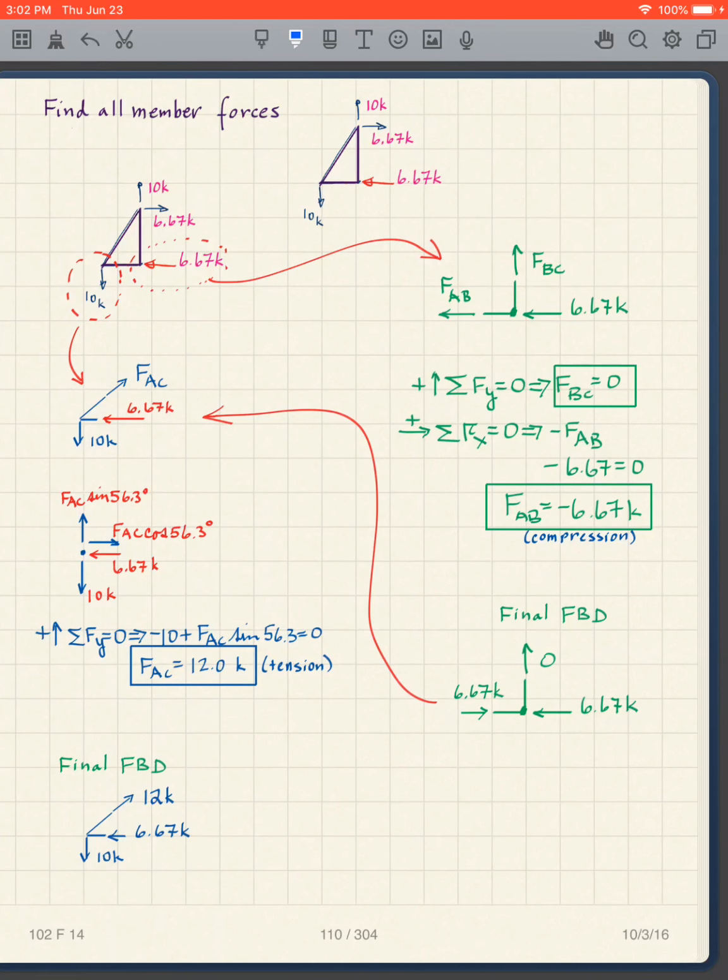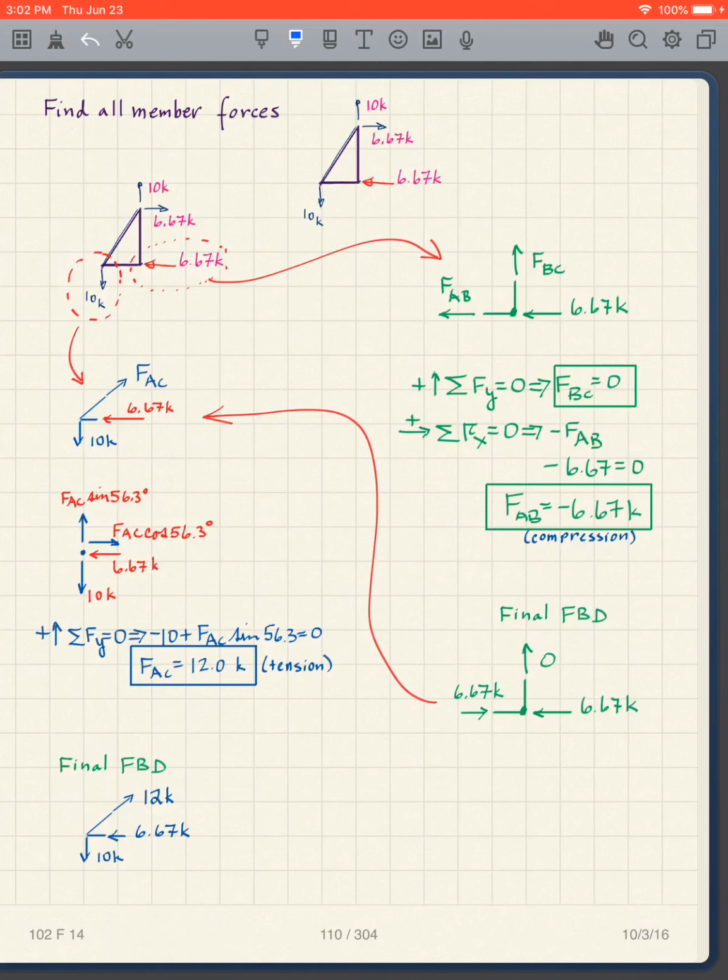Now we want to find all the member forces. So this is the harder part of it. In a sense, it's a little bit different. Now the way that I'm going to make these free body diagrams, I'm going to make this first one very simple. I'm just going to make a cut around that point. So again, I do a copy and paste. I end up with this. So I end up with these little members there and the force.